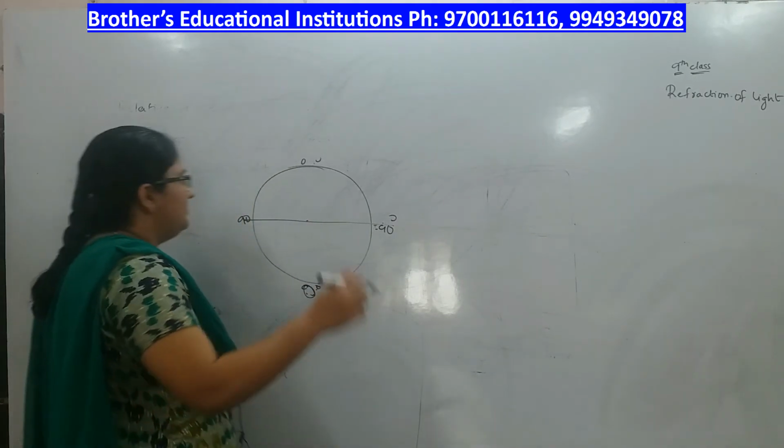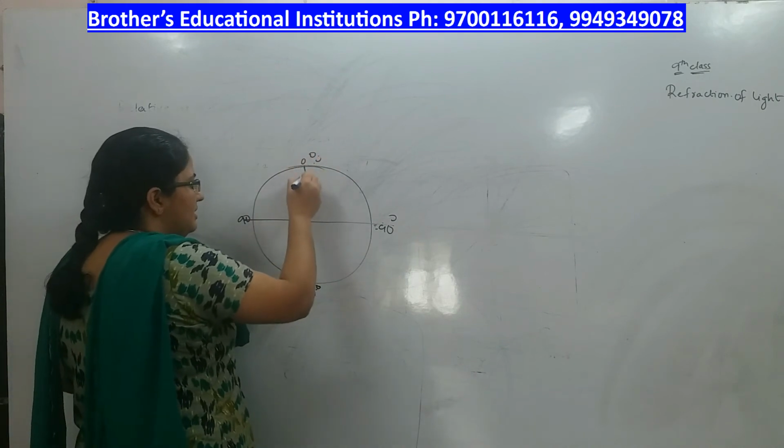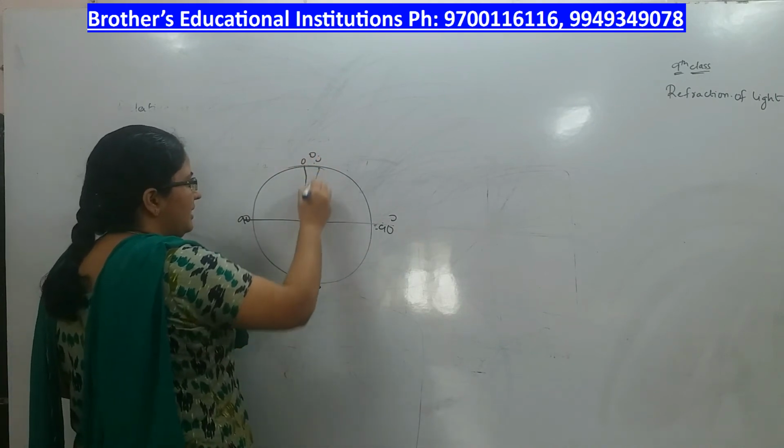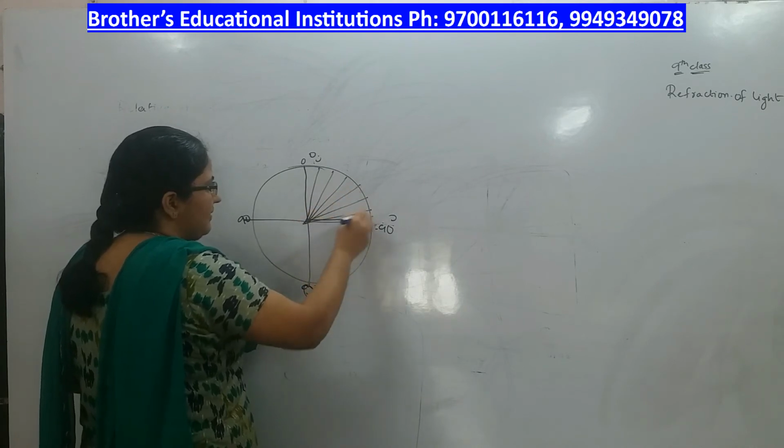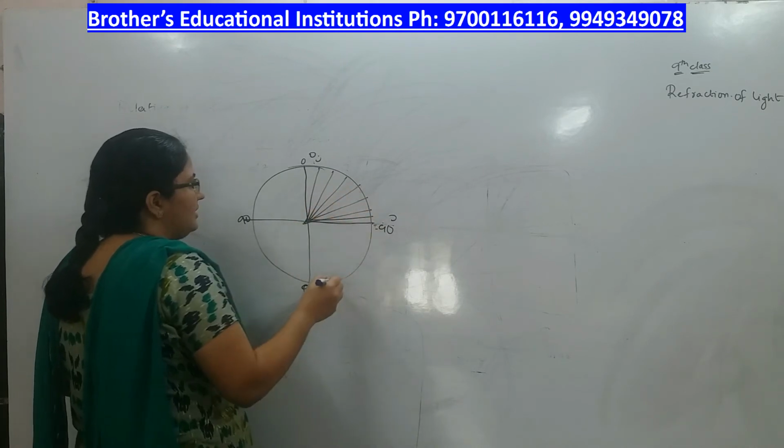Mark in this manner. See that this is 0, 10, 20, 30, 40, 50, 60, 70, 80 and 90, like this.